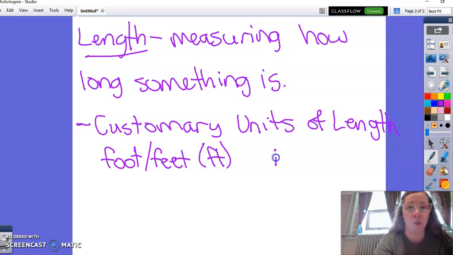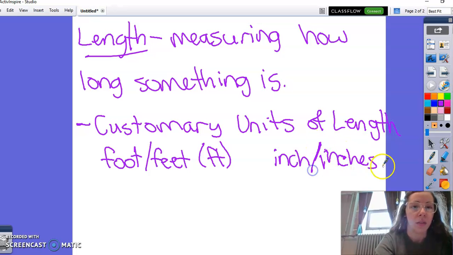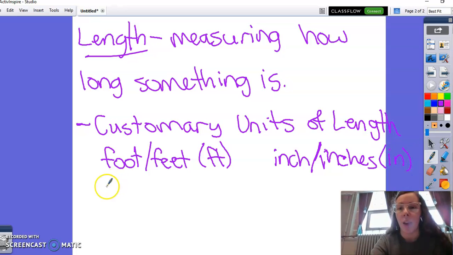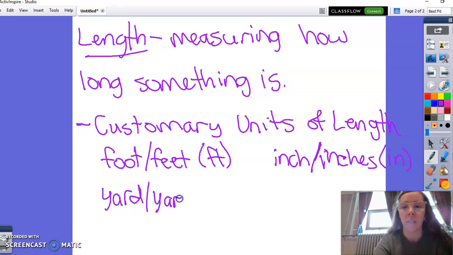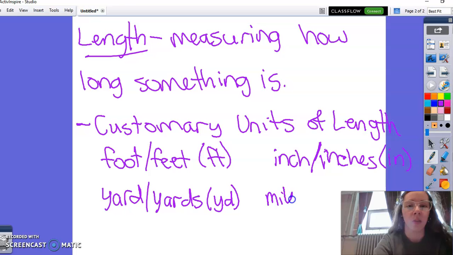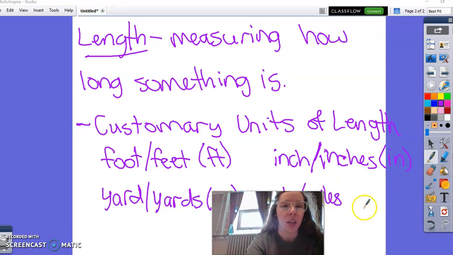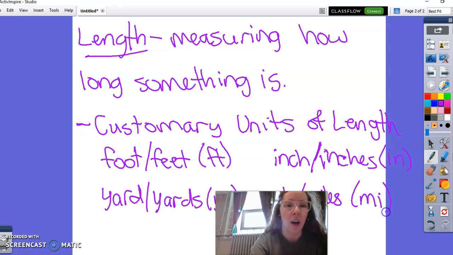We have inch or inches, which is abbreviated IN. We have 1 yard or many yards, which is abbreviated YD. And then we have mile or miles, which is abbreviated MI.